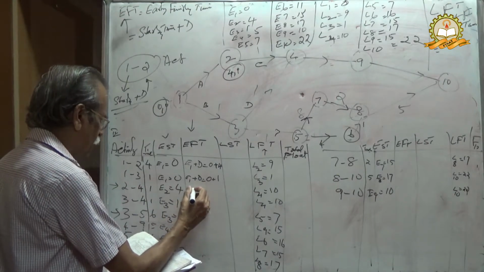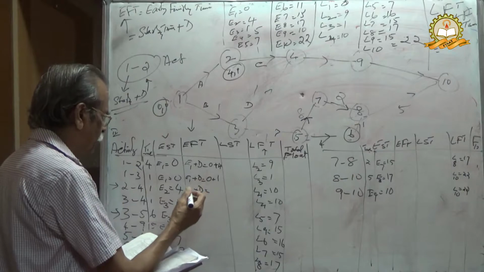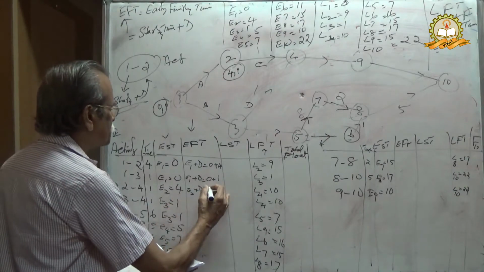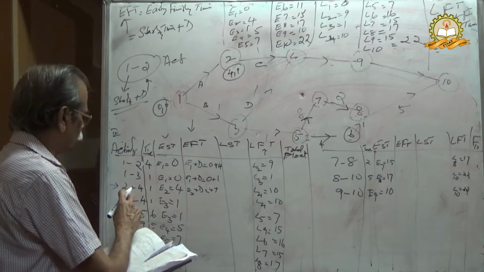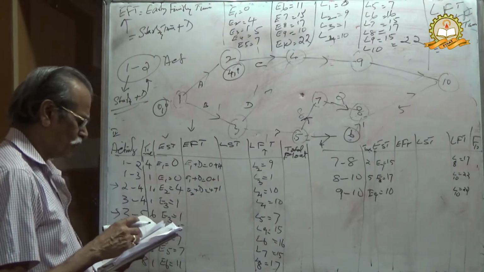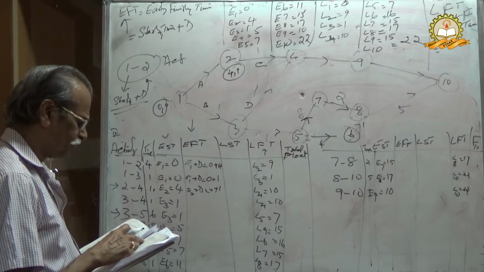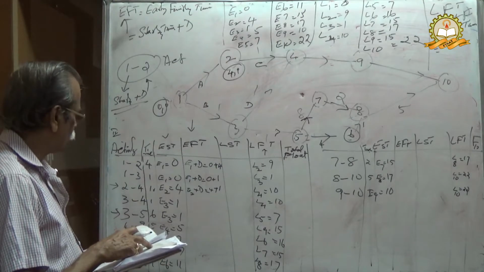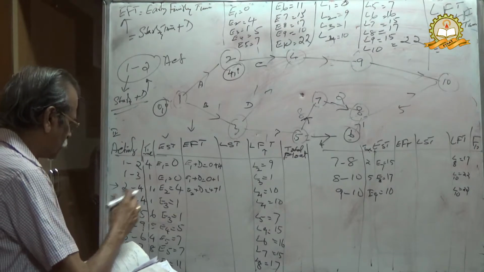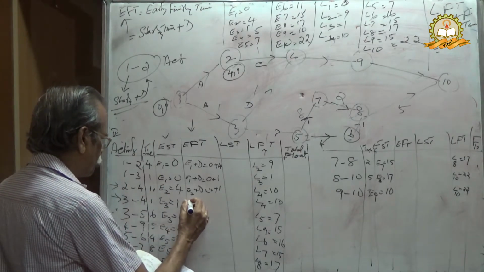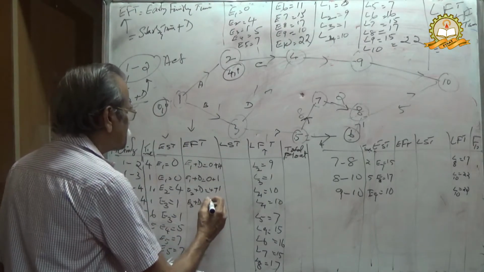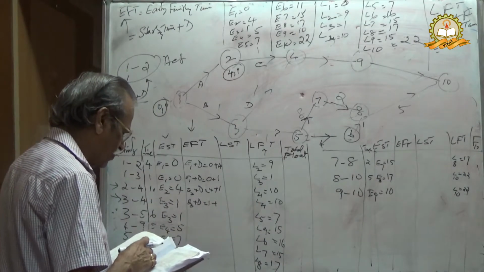Similarly 2 to 4. E2 plus duration of 2 to 4. E2 equals 4 plus the duration of 2 to 4, which is 1. So 4 plus 1. Then the third one, 3 to 4. That is E3 plus duration. E3 equals 1 plus the 3 to 4 duration, 1.